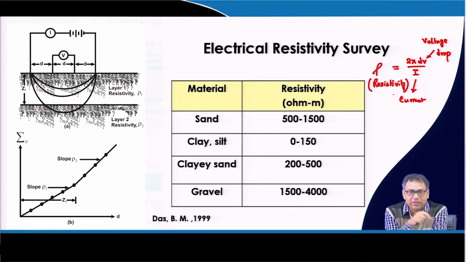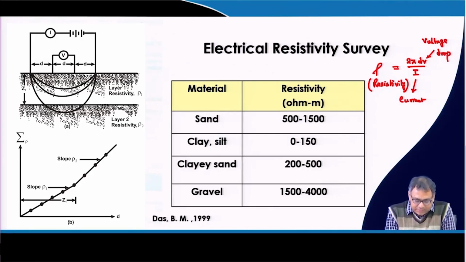But if it is a layered soil, then also we can measure the resistivity for each layer, and the thickness of the layer. In such case, we change this distance between the electrodes. Okay. So, we change them and we take the measurement for different d values, and then I will plot them.